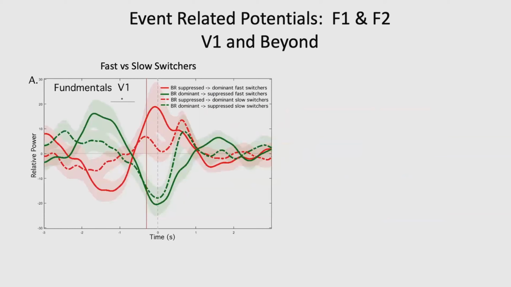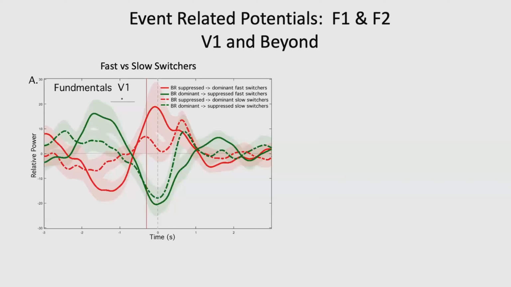So now I'm showing you exactly the same data that we just saw, but I'm going to chop up the pie a little bit differently and show the dominant and the suppressed traces again, but now for the 5 faster switchers and for the 5 slower switchers. I basically wanted to establish this impression of the slow switchers in dashed lines and the fast switchers in solid lines.